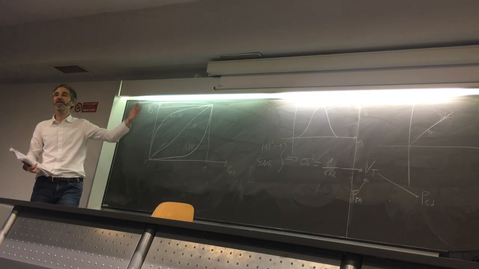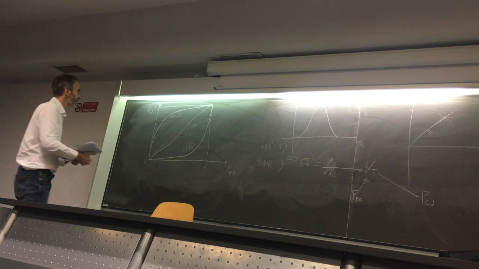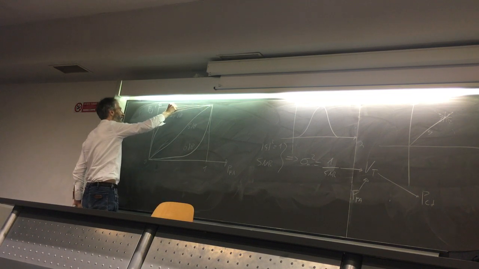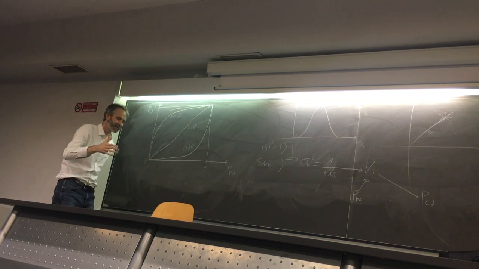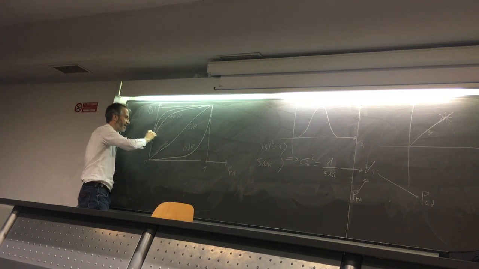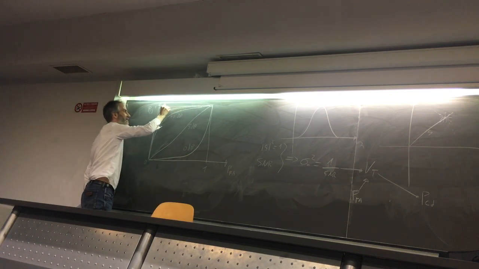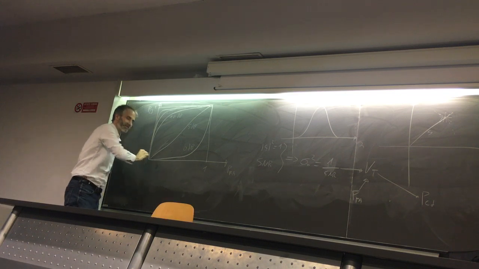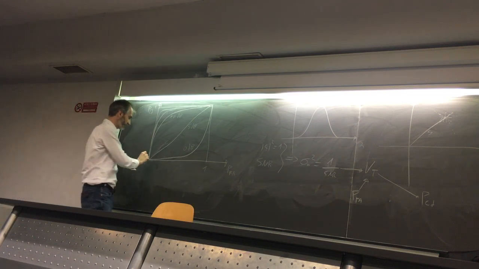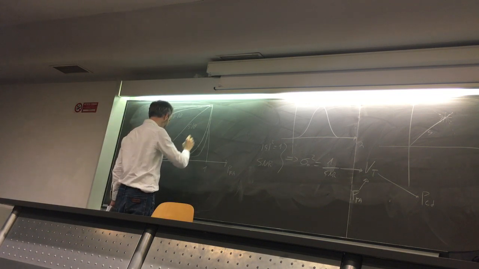And of course, the higher the signal to noise ratio, the more this curve will behave like a, how do you say, like a wedge. Like this. And of course, the other way around.